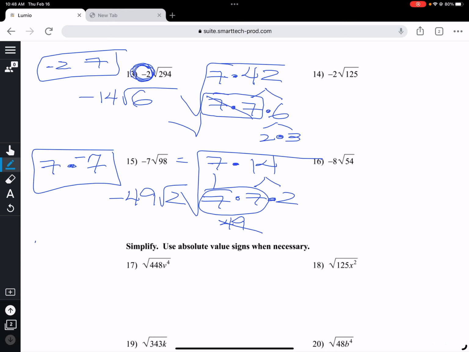Yes. All right. Now let's talk. How are you finding the number inside the radical? Factor trees, looking at divisibility rules. You could have started with 2. You just got to pick factors and try them.